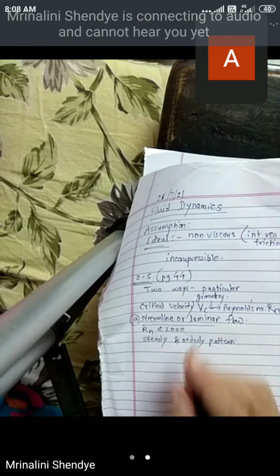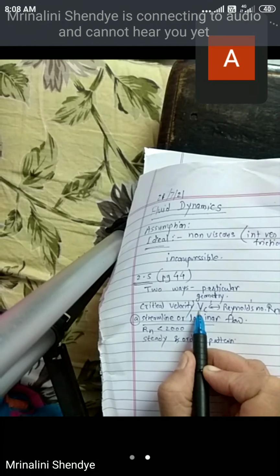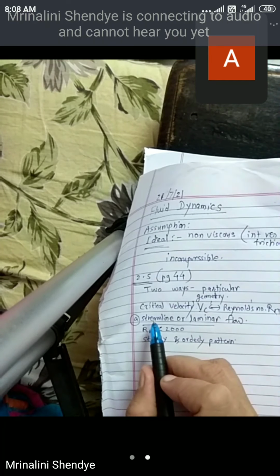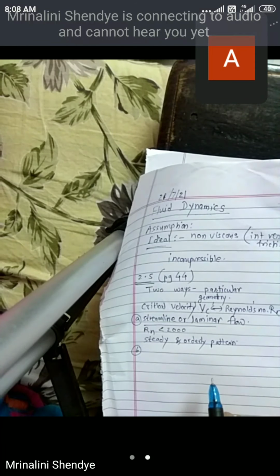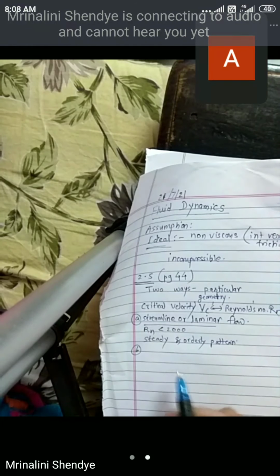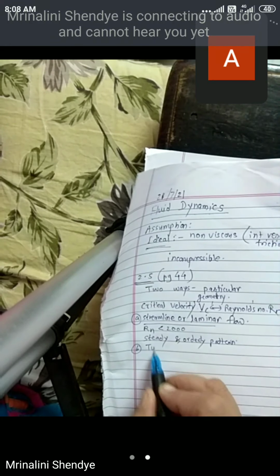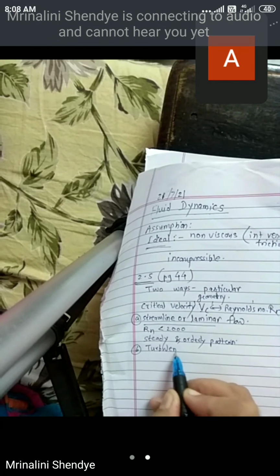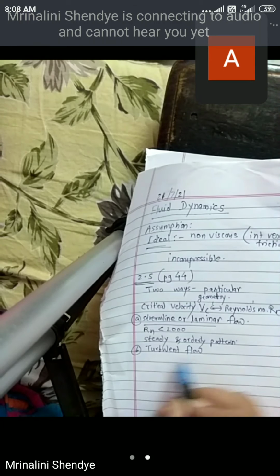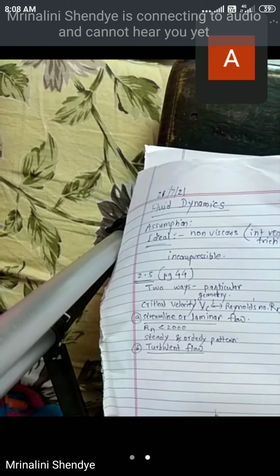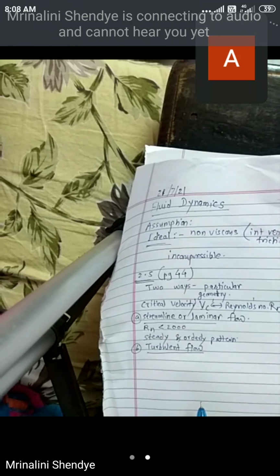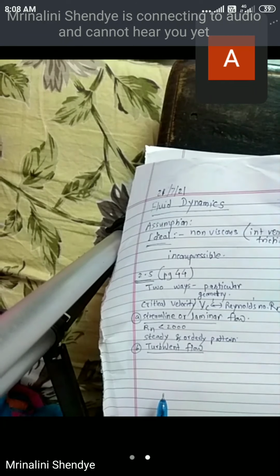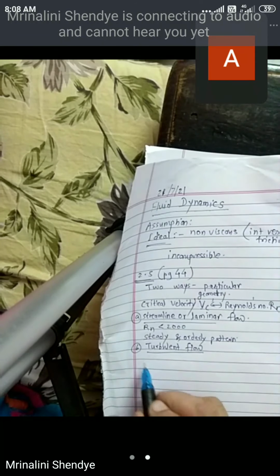But if the velocity is greater than the critical velocity of the fluid in motion, then we get another type of flow which is called turbulent flow. This is the second type of flow of fluid motion. This turbulent flow destroys the steady nature.